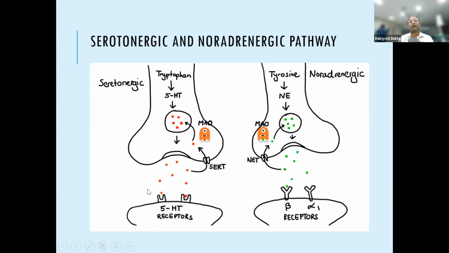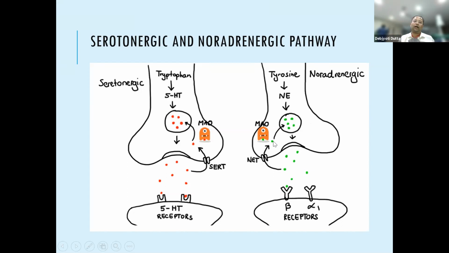So in the synaptic cleft, serotonin and noradrenaline concentration will increase, and that will ultimately increase the inhibitory action, the inhibitory pathway of modulation. That will increase the inhibitory modulation.